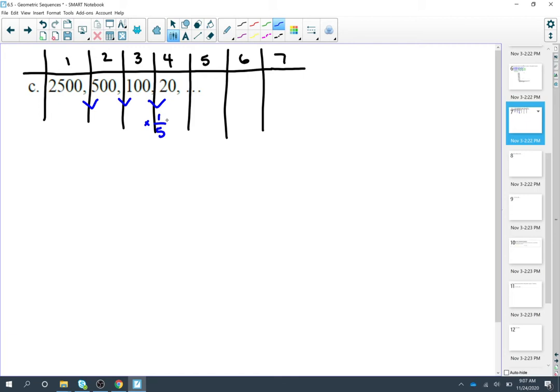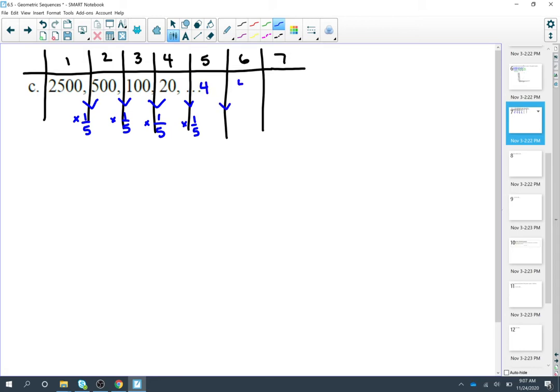So if we take 100 times 1/5, we do get 20. 500 times 1/5, 2500 times 1/5. So essentially what you're doing here is you're dividing by 5. So 20 times 1/5 is 4.